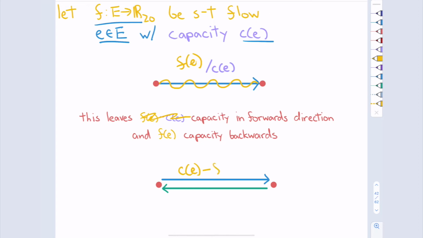That leaves 10 minus 5 equals 5 units of capacity in the forwards direction. And then the equivalent quantity in the opposite direction would be F_E. Now using the fake edge in the opposite direction is sort of like pushing back the liquid, decreasing the net flow on the edge.